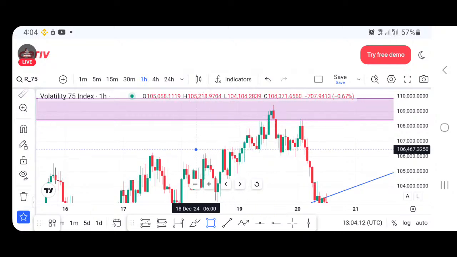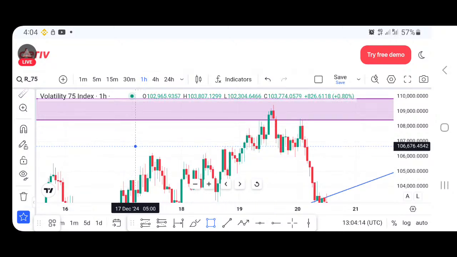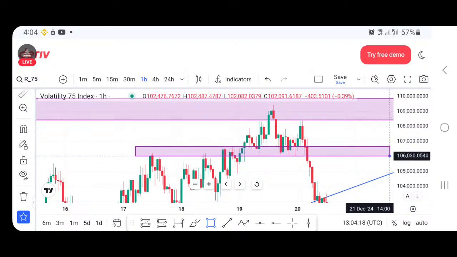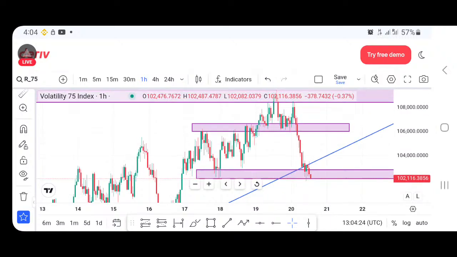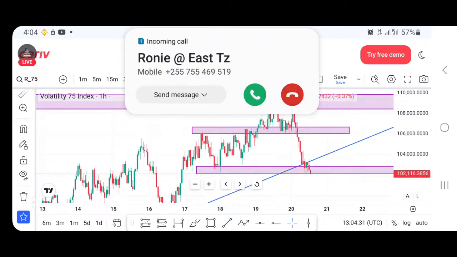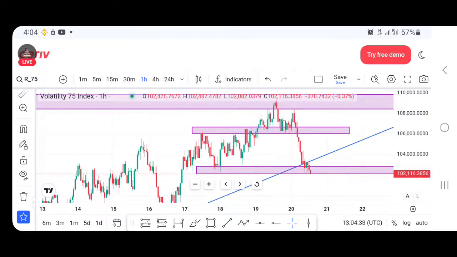This area, if we get our zone here like this, you can see that we have a break not retested. Are you getting the point? Which means the market can come to retest this key level.